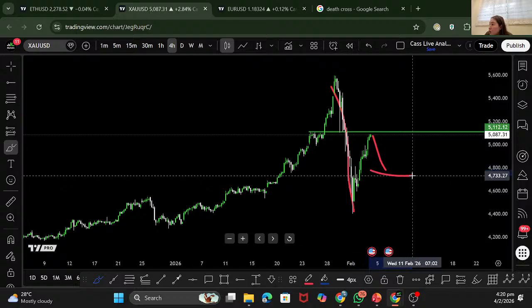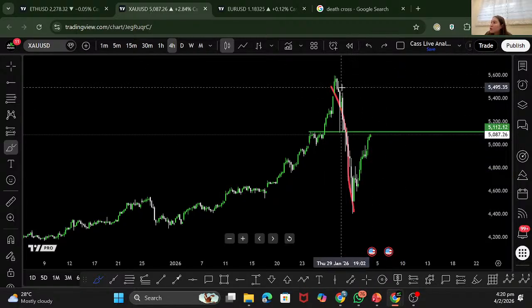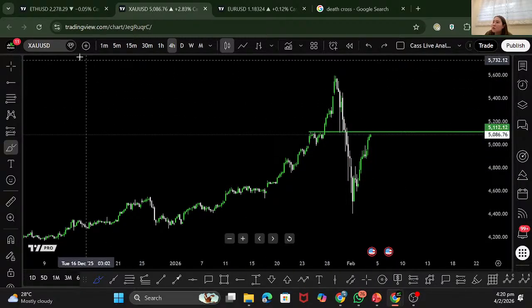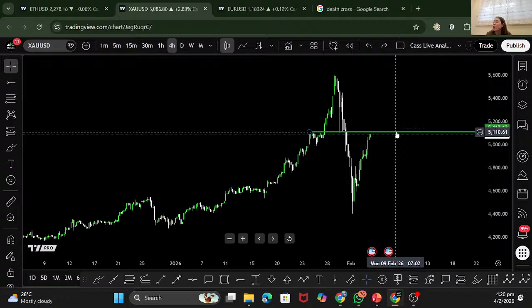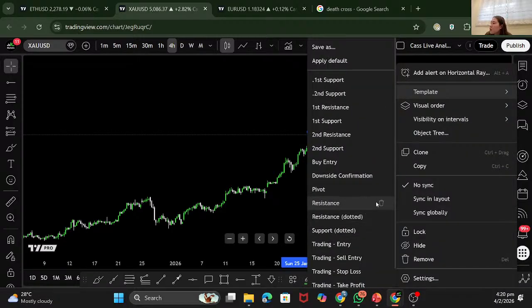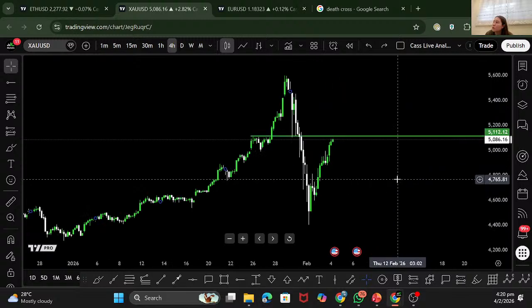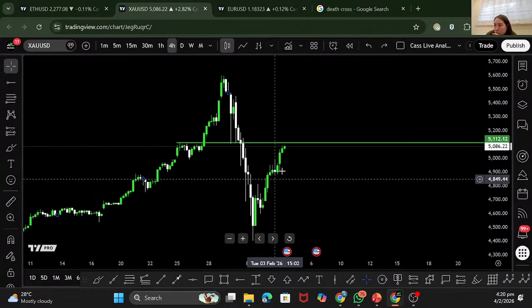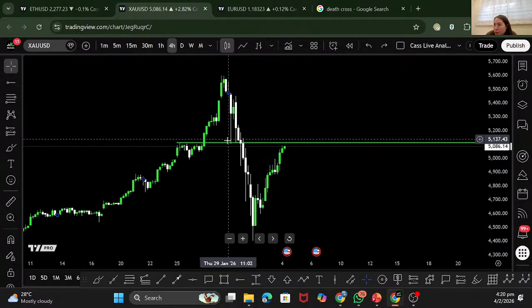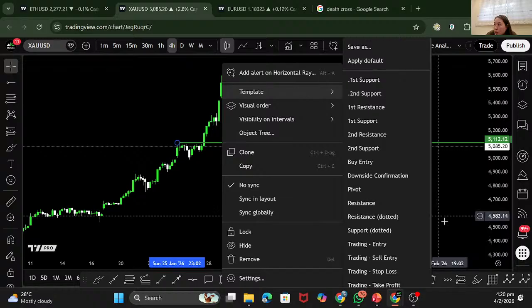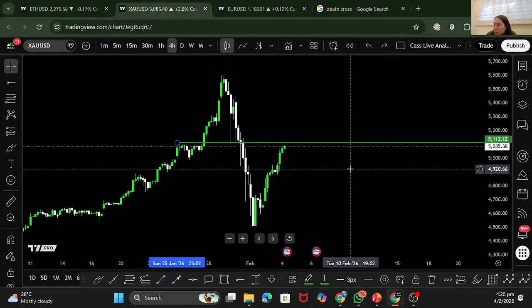Let's see what our hopeful buy entry is. Okay, for starters, I think if it breaks out here, this is definitely one entry that you can consider. I would consider getting in on a buy entry.